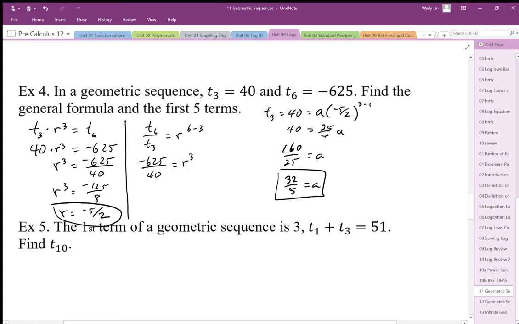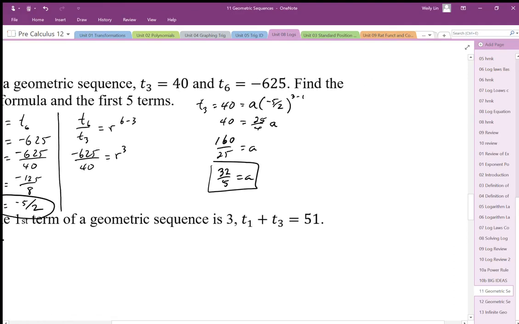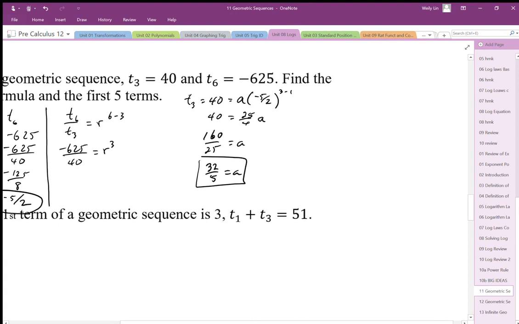Okay, so now we have A and R, we can find the general formula and find the first 5 terms. Now, there's nothing wrong with actually just counting it as well. This is a discrete sequence. So we have 40, blank, blank, and T6 is negative 625. We could just count backwards, since once we have our multiplier, we can move along the sequence using it.